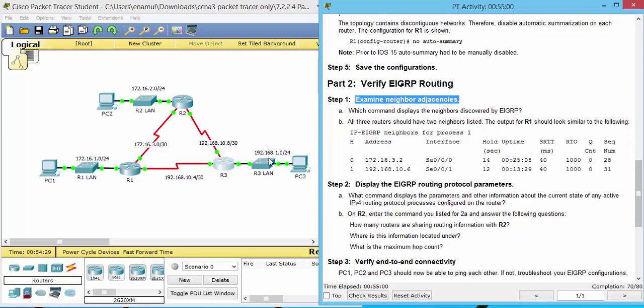EIGRP neighbors are other routers running EIGRP on directly connected networks. EIGRP uses hello packets to establish and maintain neighbor adjacencies. For two EIGRP routers to become neighbors, several parameters must match. For example, EIGRP routers must use the same EIGRP metric parameters, and both must be configured using the same autonomous system number.